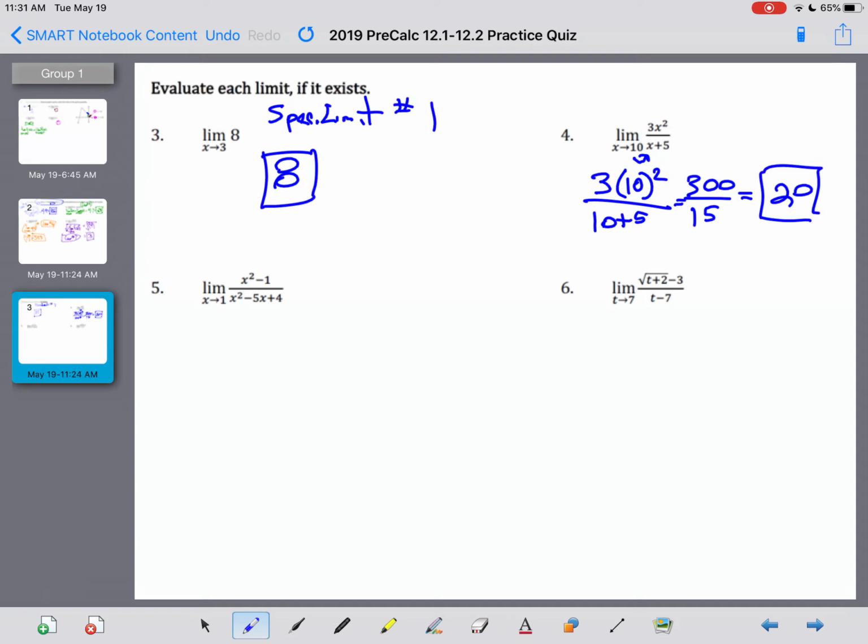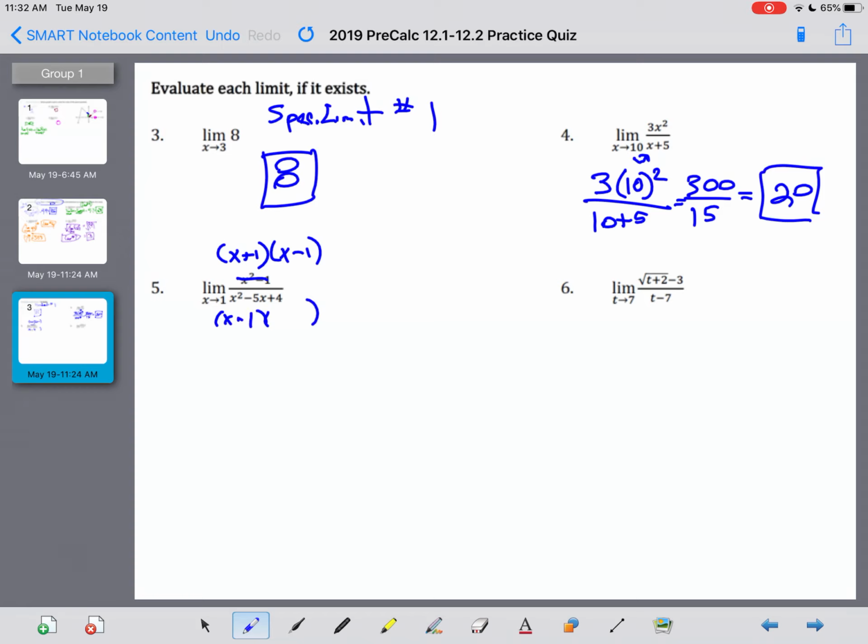So we used direct substitution. Over here, if I plug in a 1, I get 1 positive, 4 positive, 5 negative. I'm going to get 0. So I will have to factor. This is going to be the difference of squares factoring, and this is level 1 factoring here.